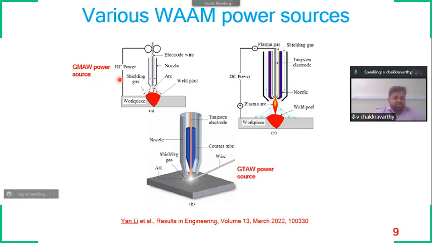The second process is the GTAW process, which is popularly called gas tungsten arc welding process. This technique has been there since 1925, which is much earlier as compared to the GMAW process. In the GTAW process, we use a non-consumable electrode, which is made of tungsten.